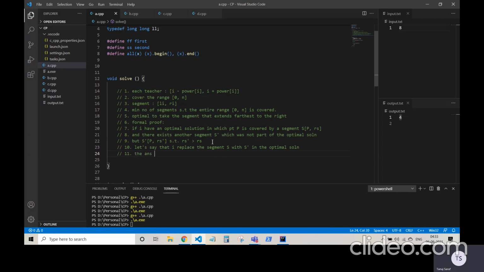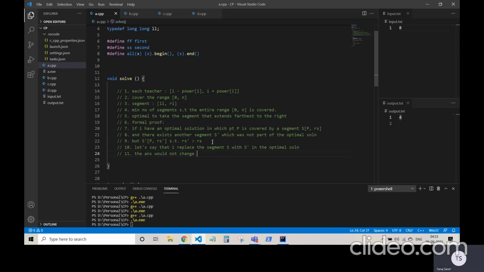The answer would not change, because all points to the left of point P are already covered by some other set of segments. And this point P was covered by a segment which extended till RS, and all points greater than RS are also already covered because this was an optimal solution. So the answer existed.